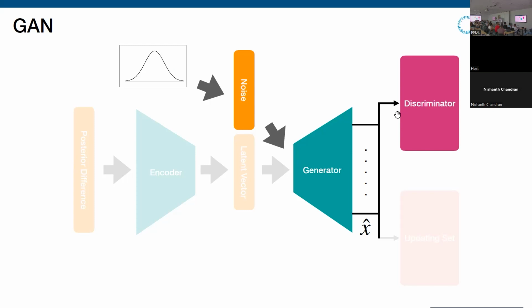What I mean by learning the distribution is not learning all the parameters of the distribution. I'm using the generator to encode it implicitly. I give different noise, and it gives me different images, so it automatically becomes a sampler. Okay, this is the traditional GAN.